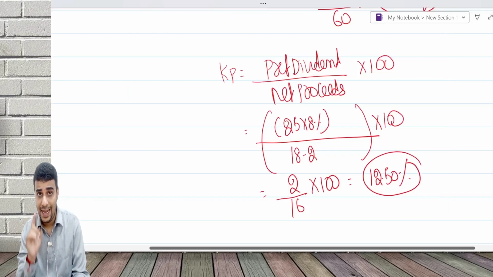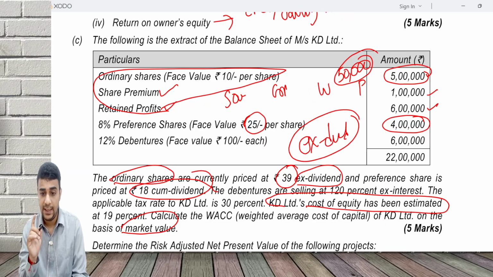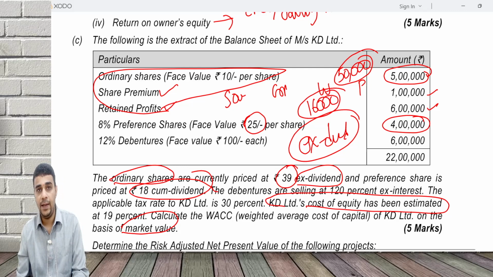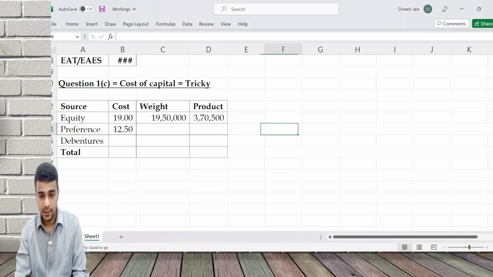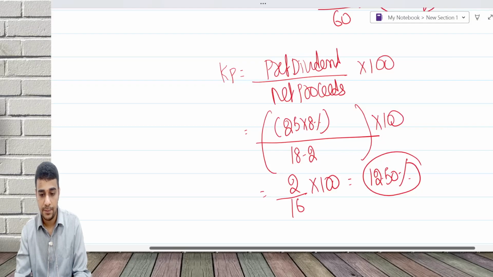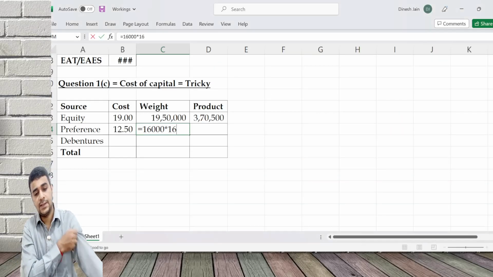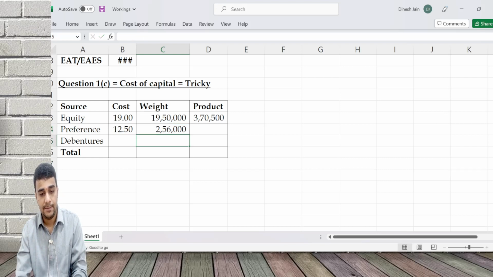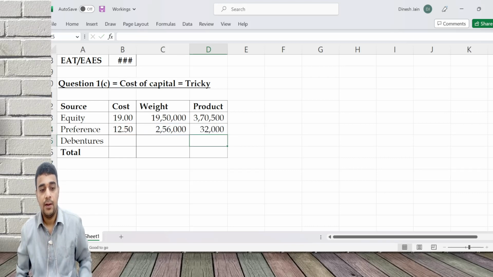You will have to use the ex dividend value even for the weight calculation or the cost calculation. 16,000 into 16 rupees, the ex dividend value. This into 12.5% gives 32,000.